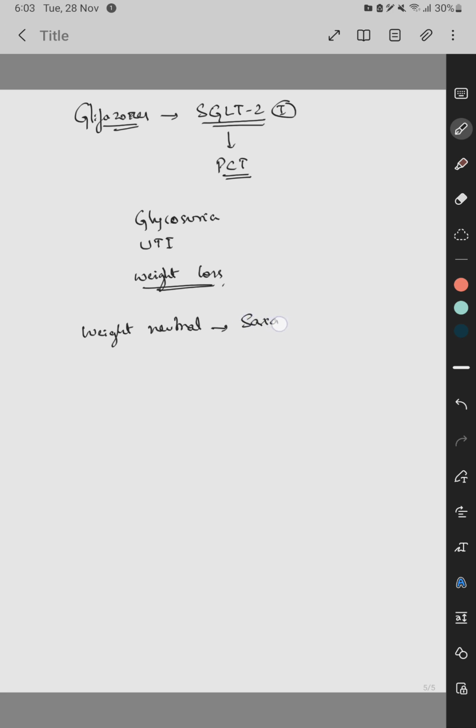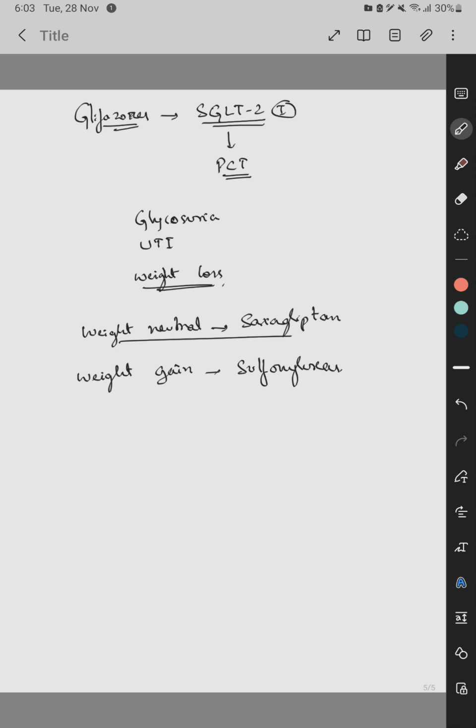The most important is saxagliptin. And what are the weight gain drugs? Yeah, sulfonylureas, mainly second generation sulfonylureas, cause weight gain.